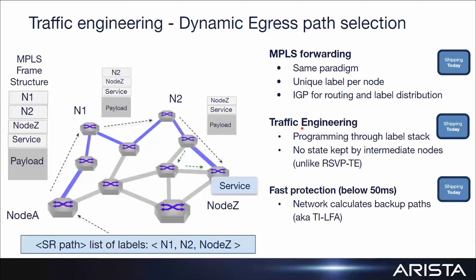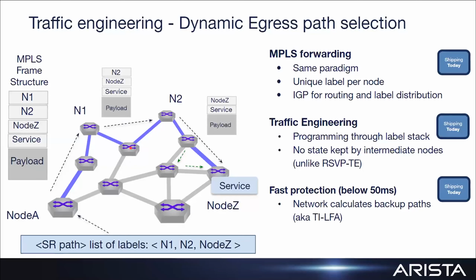Segment routing is great. It uses a simplified MPLS paradigm, already proven in high-scale service provider networks. Traffic engineering is also greatly simplified. All nodes have globally unique labels assigned.